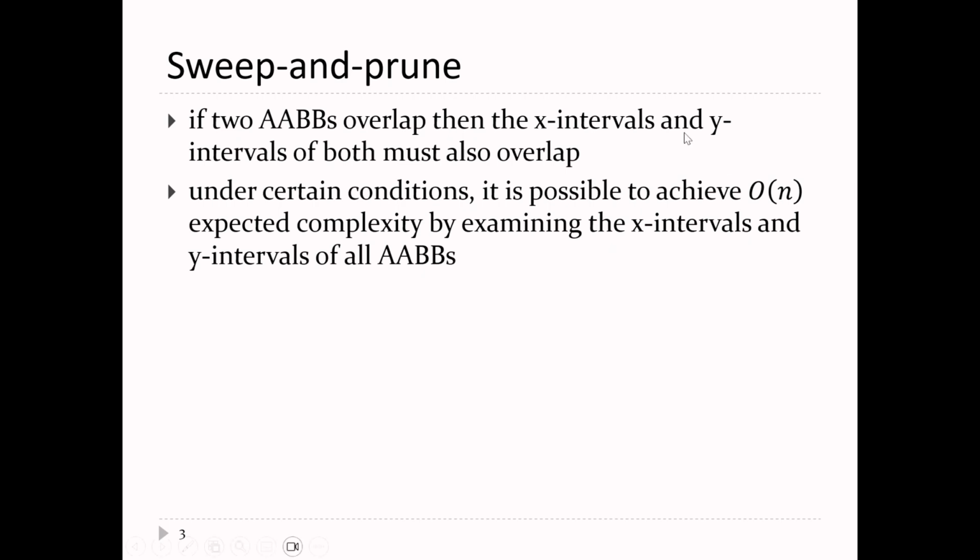The key part is that they overlap if and only if both their x intervals and their y intervals overlap. So we're going to split the problem into two problems. We're going to look at all of the x intervals, and all the y intervals, and there's n of each.